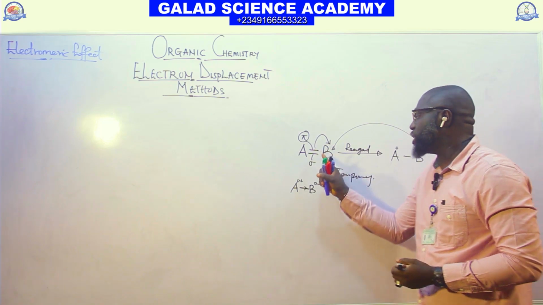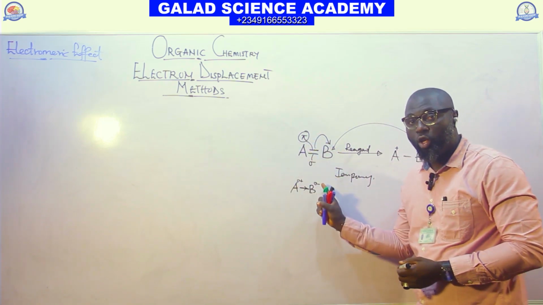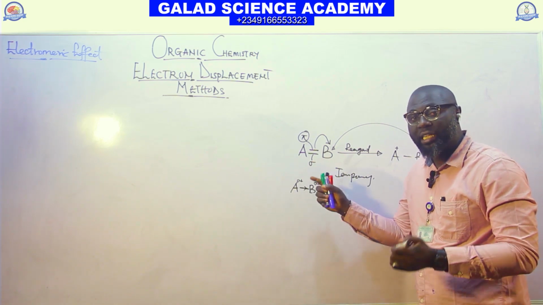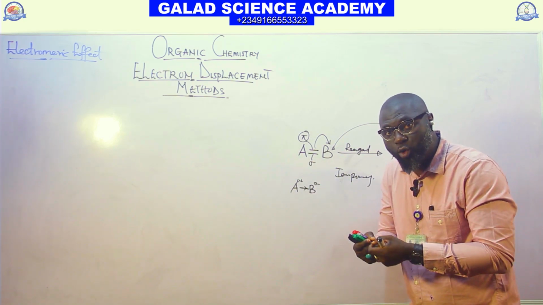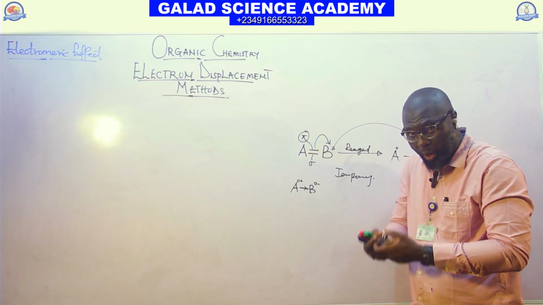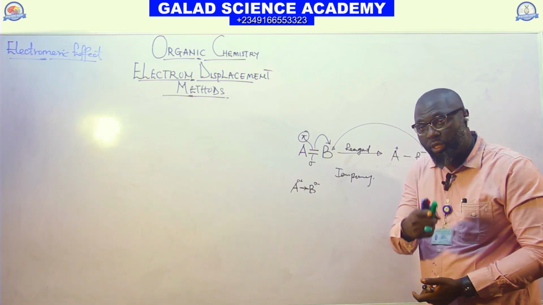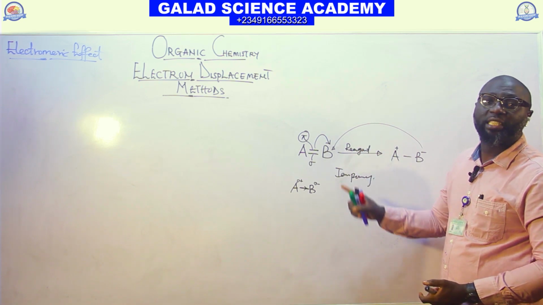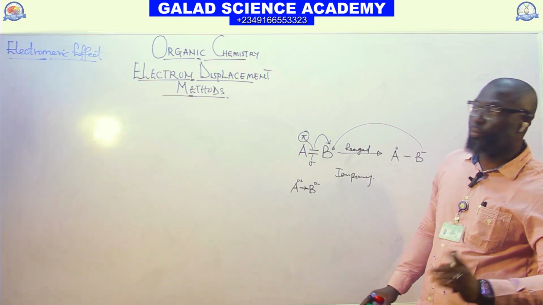It is the shifting of the pi electron to one of the atoms that share the double or multiple bond, due to the presence of external reagents, and it is a temporary effect. Simple.